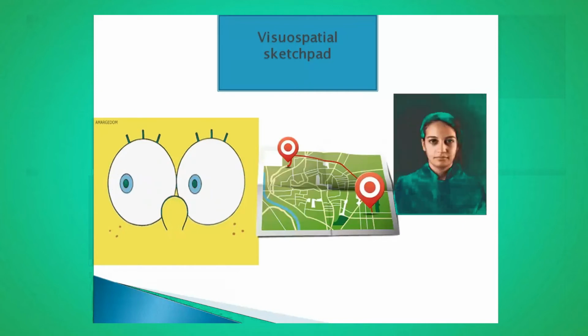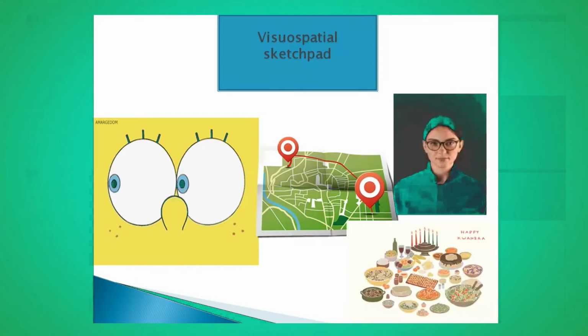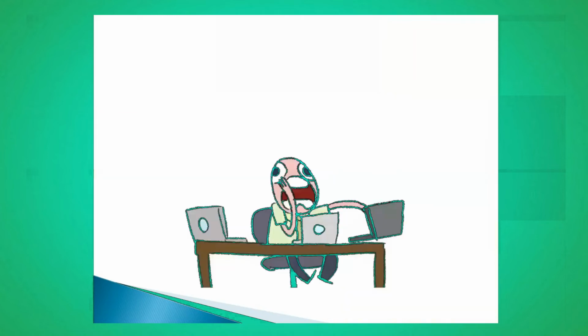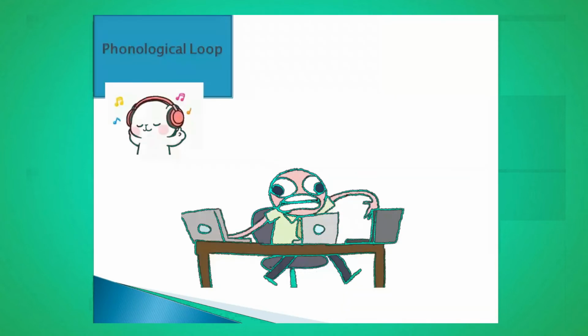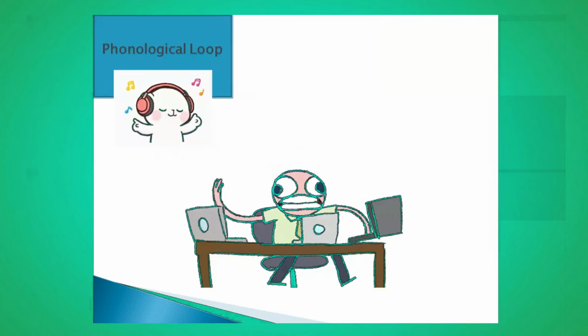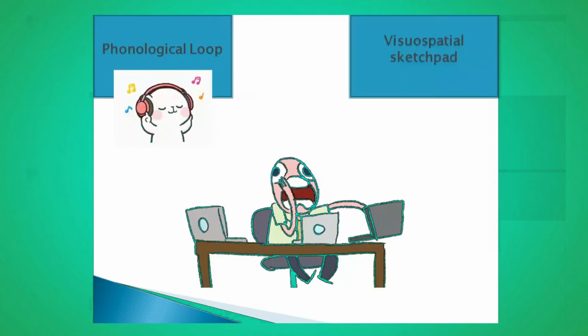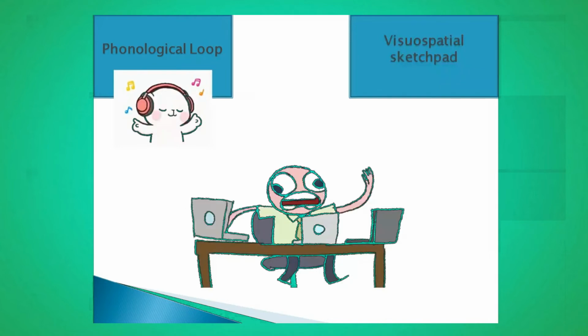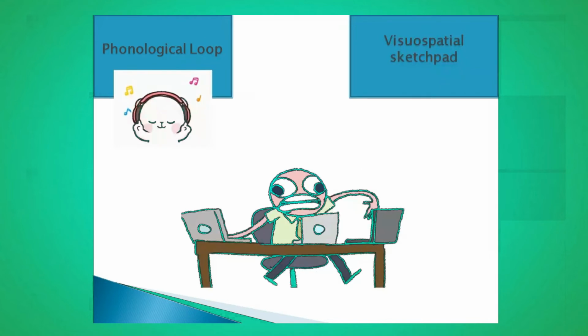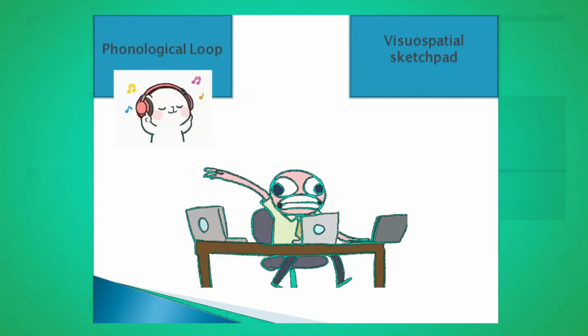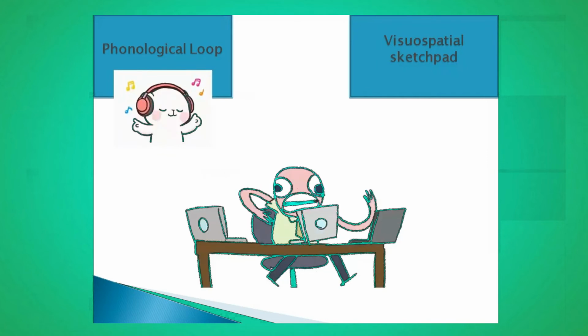We remember faces, navigate places, and of course recognize different kinds of food. The phonological loop and the visual spatial sketchpad actually work synchronously. But remember, just like a desktop workspace, there is a limit on what we can process.